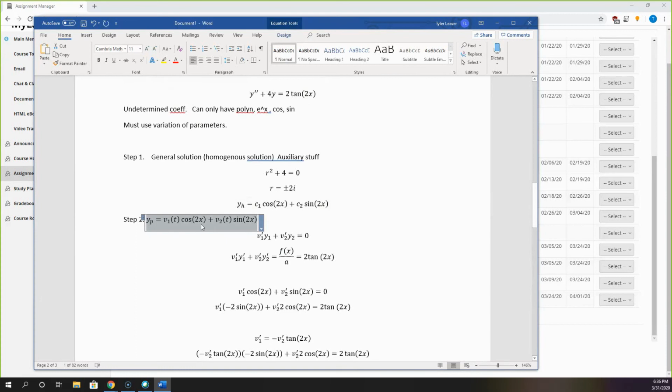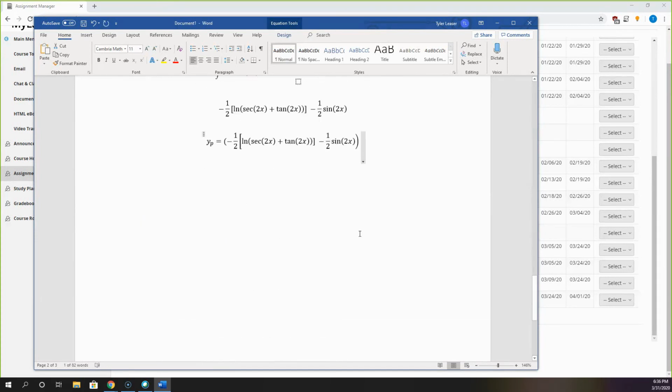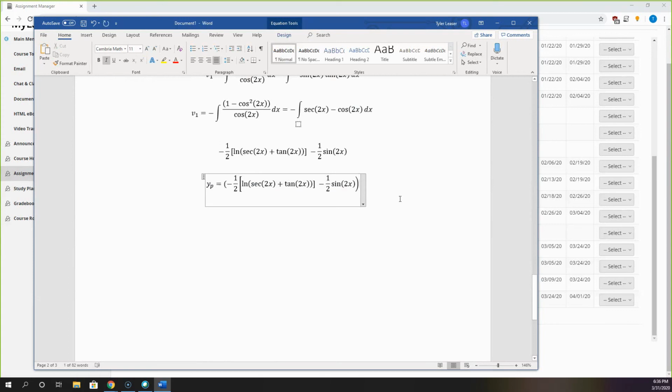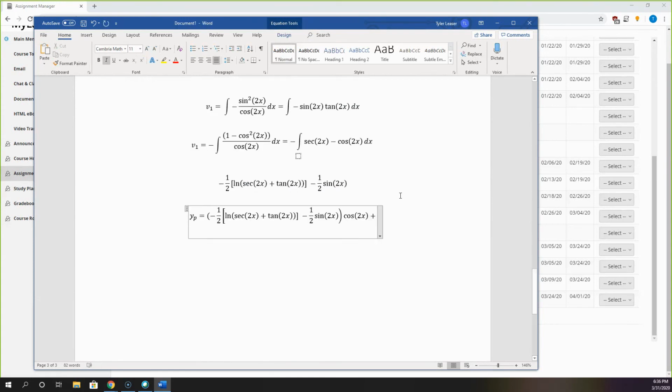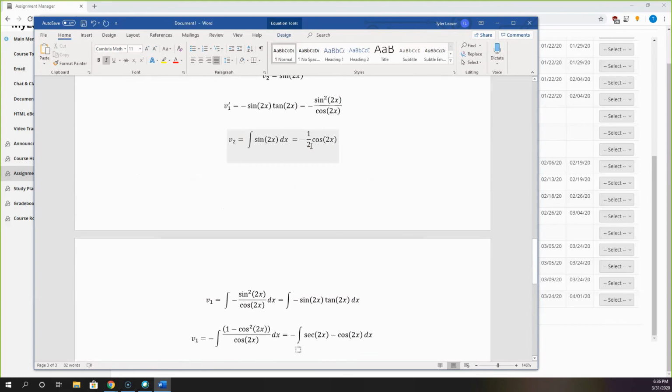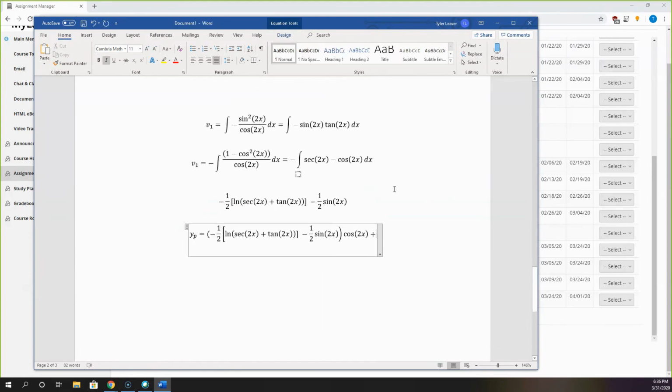So it's v1 times cosine 2x plus v2 times sine 2x. So this awful v1 times cosine 2x. My goodness. Remember v2 was negative 1/2 cosine 2x, that times y2, which was sine 2x.